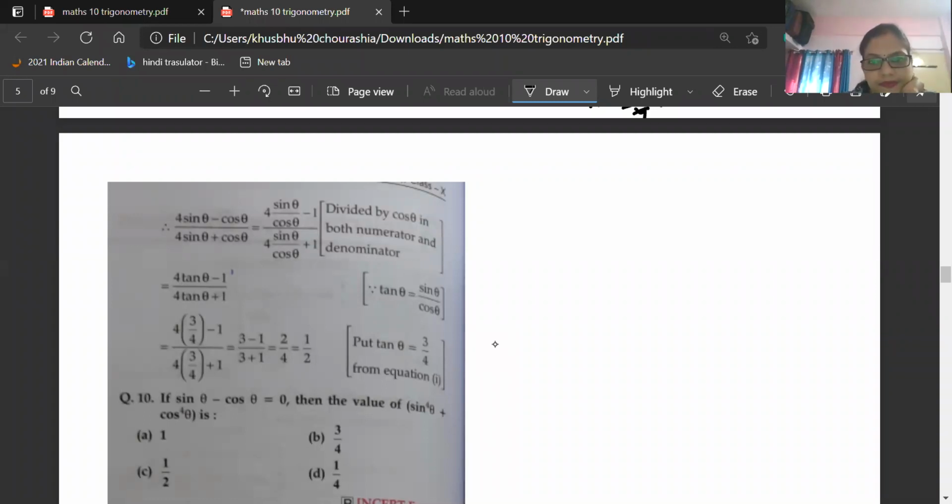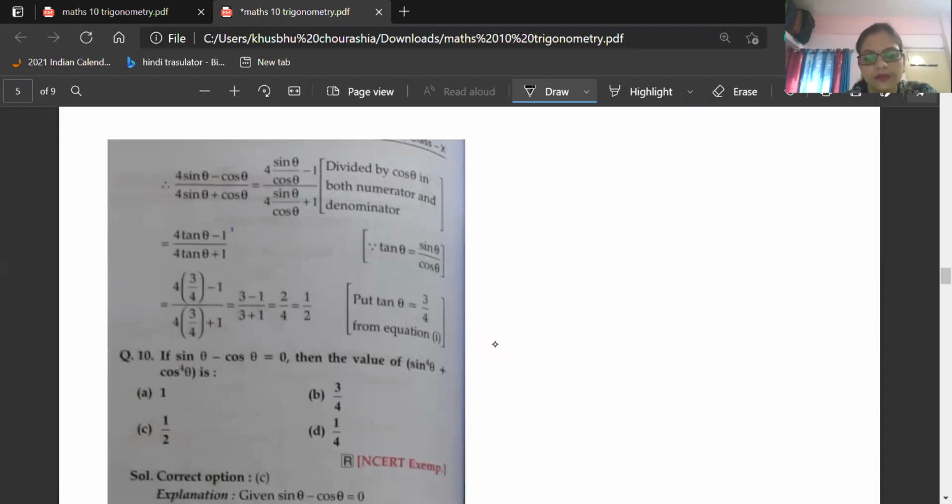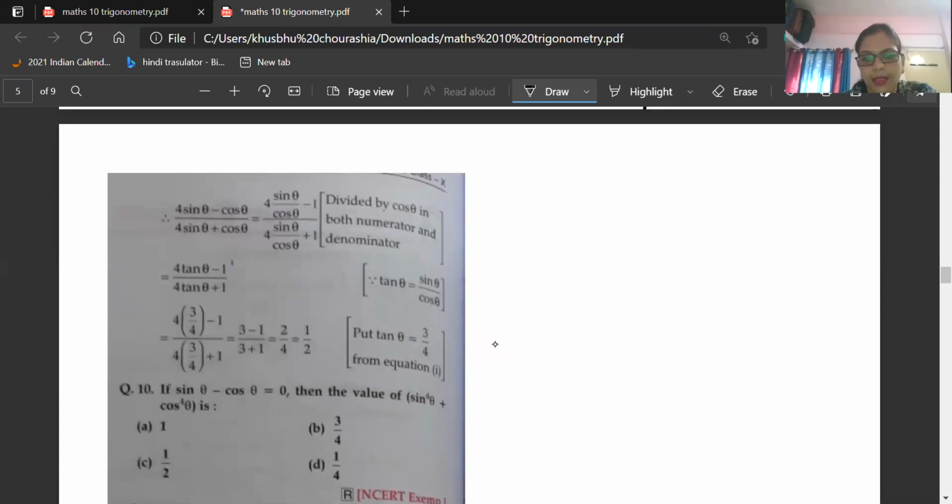Question number 10. Sin theta minus cos theta equal to 0. Then find the value of sin 4 theta plus cos 4 theta.